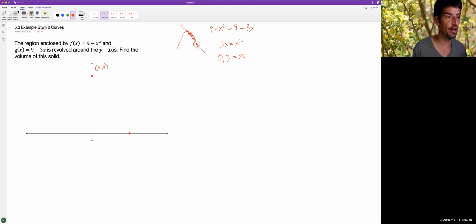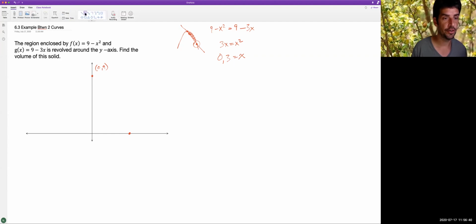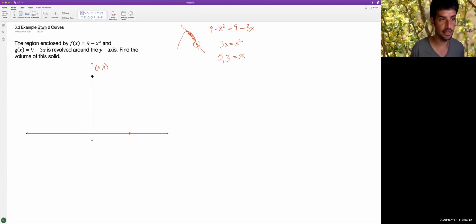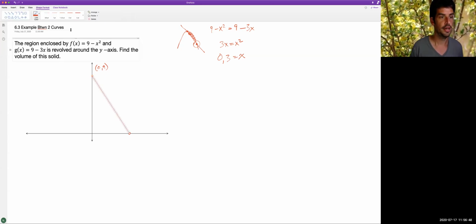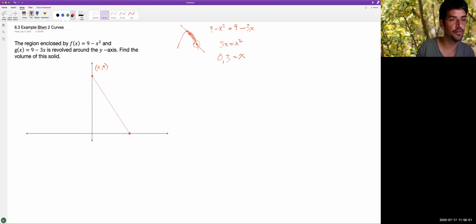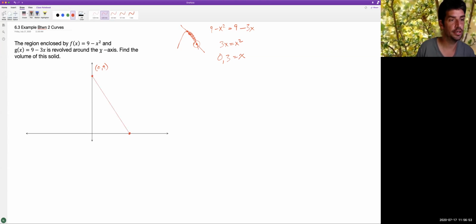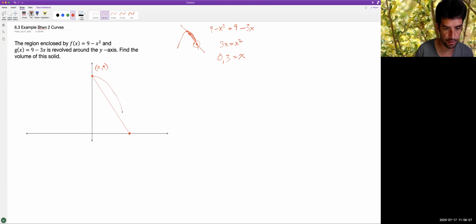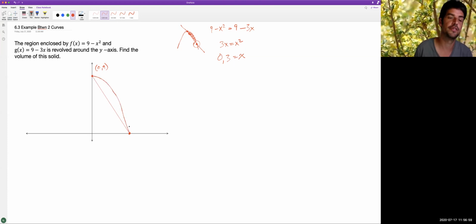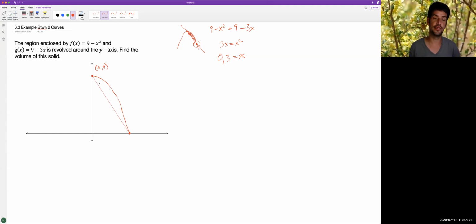So let's draw those in. My line is going to look like this. And then the parabola will look not as nice, but something like this. Okay, and so that's the shape.